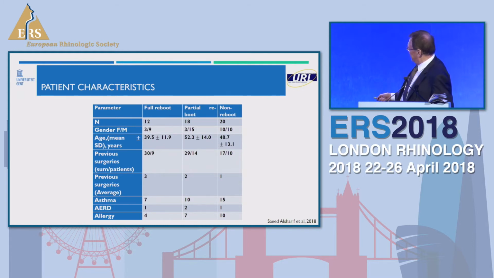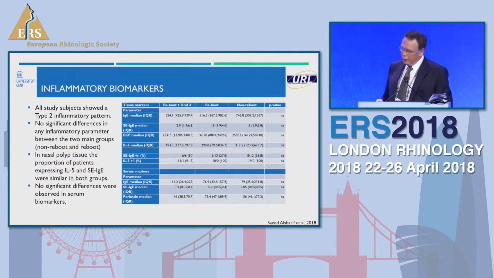And a lot of them had asthma, aspirin sensitivity in a few, and allergy in quite a few. So they were evenly distributed, even if you could say, well, these who underwent full reboot had been operated more before. That may be a bad sort of platform to come from.